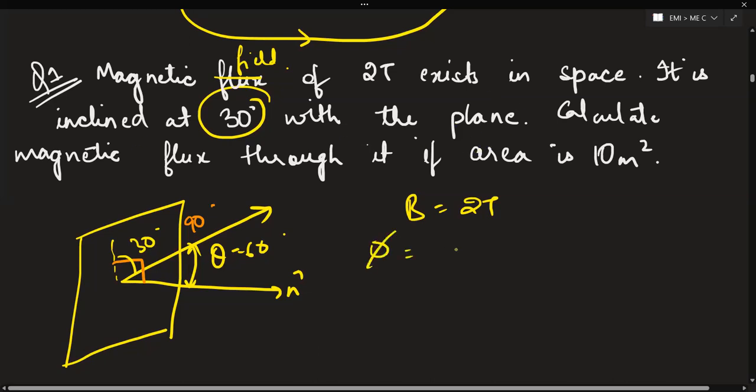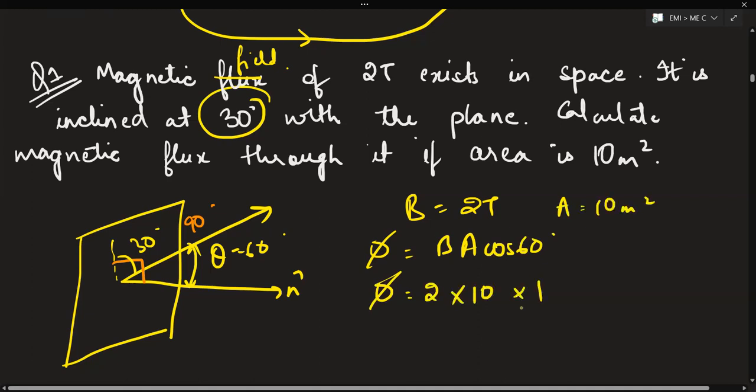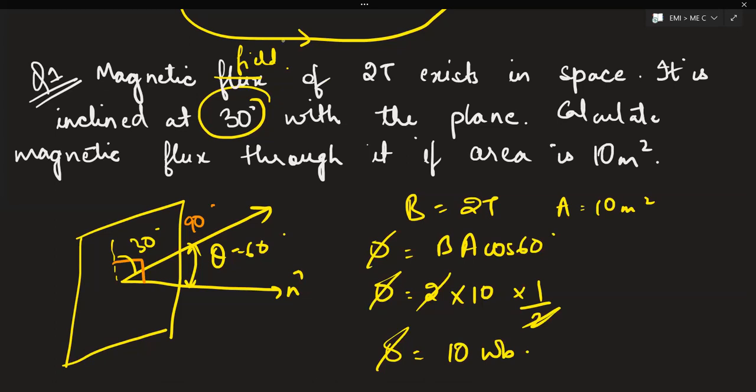So magnetic flux is equal to B A cos 60 degrees. Area is 10 meters squared. It's 2 into 10 into half, which is 10 weber. Any doubts? If you have any doubt, ask me.